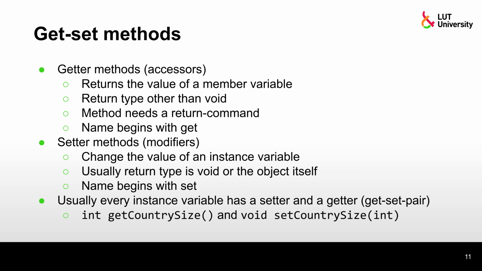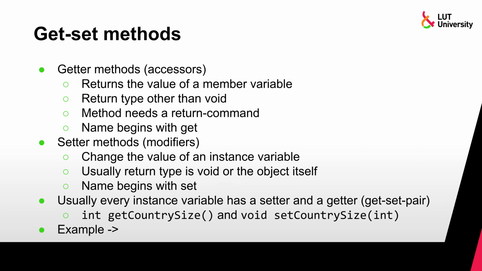And we have setCountrySize, that is taking an integer parameter and storing the variable. And if this set method is returning the object itself, then we can have a chain of these set commands in the same line in the code, and we will have an example on this one.